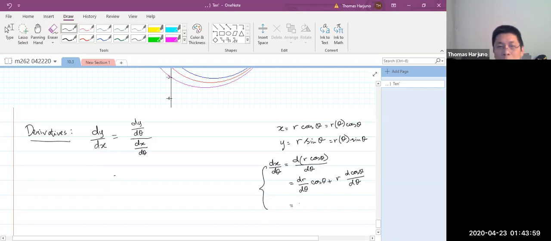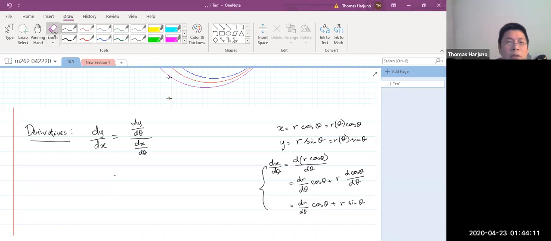Which will be dr/dθ cosθ plus r sinθ with a negative. Let me change that: plus becomes minus.